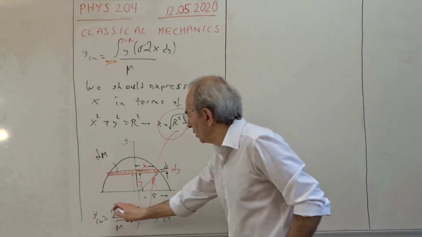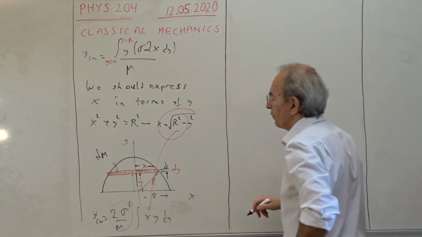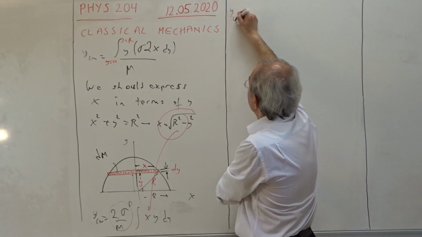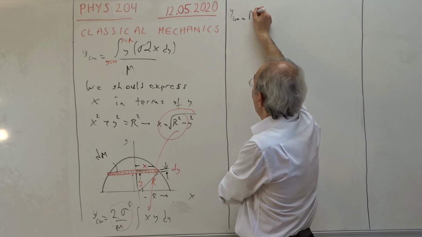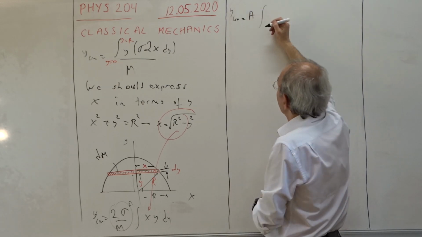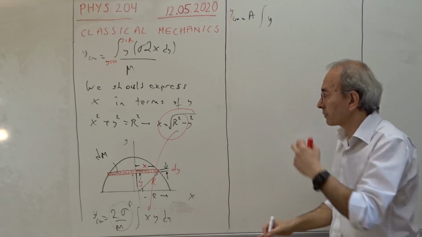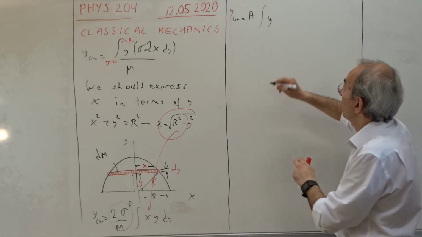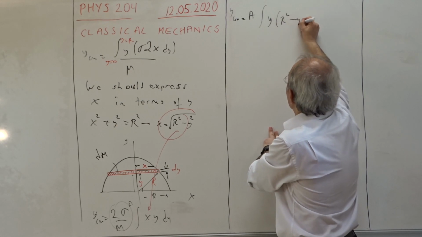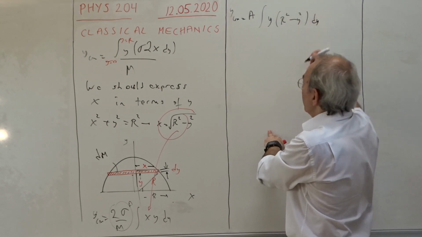So let's call this thing A now. Y center of mass is this A multiplied by the integral of y times the square root of r squared minus y squared, also we have dy.